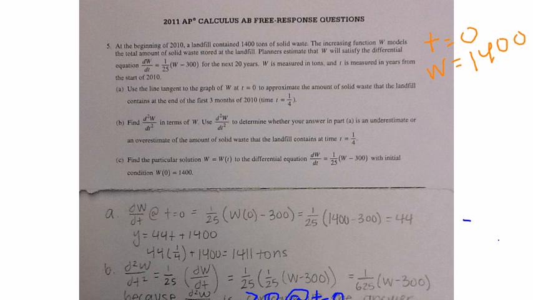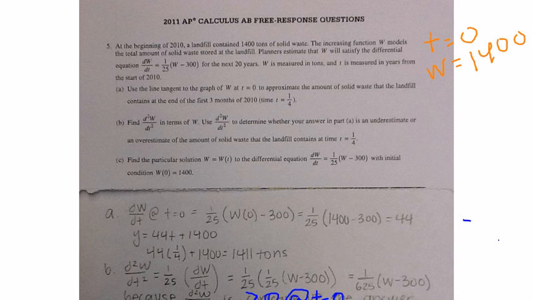When you're finding any tangent line, first you need to find a slope, and second you need to have a point. Because I had W prime, I decided to find the slope first. So I need to find the slope of W at t equals 0.